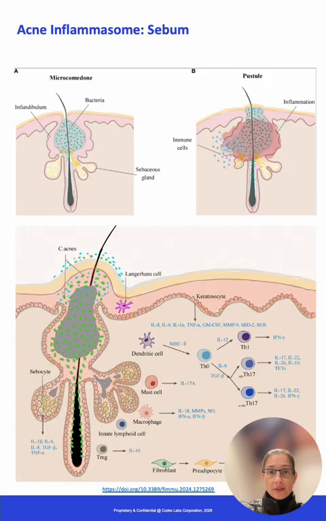Now, the second contributor is obviously sebum. So skin sebum, or natural skin oil, is a good servant but a bad master. Skin sebum is normally excreted from the hair follicles, as you can see in the top left figure. It coats the upper layer of the skin and acts as a natural barrier that protects the skin from external influences like bacteria and pollutants.